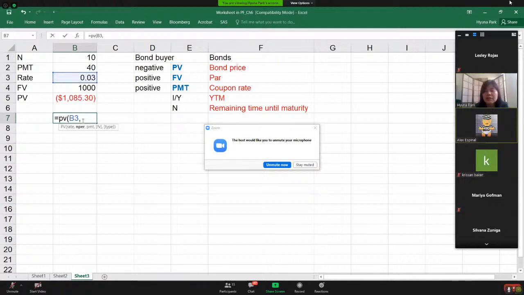Let's say divide the PMT or something like that. So dividing, you mean this one? Something like, for example, B3 divided by 2. Yeah, by B2, you could do that. Okay, thank you. Now for the next homework, I understand.